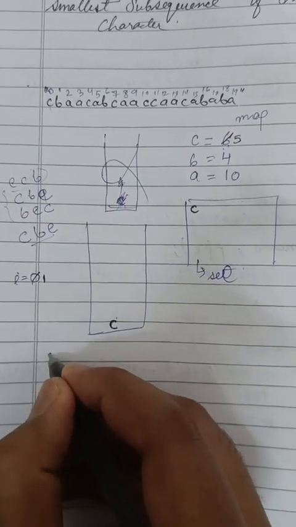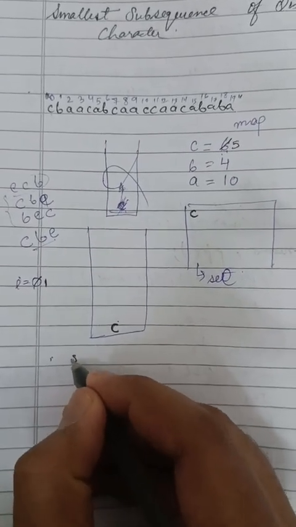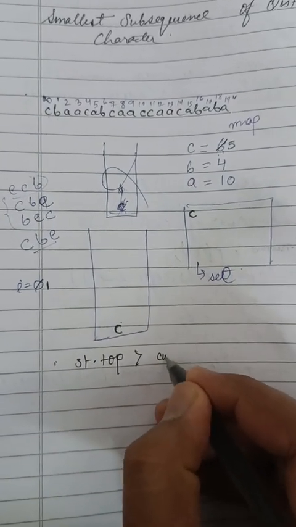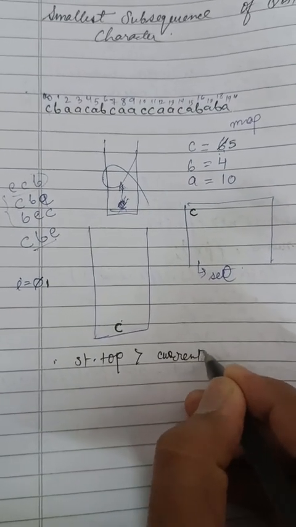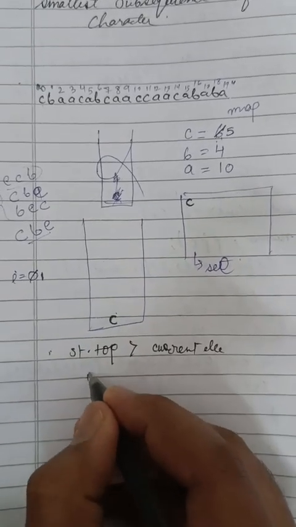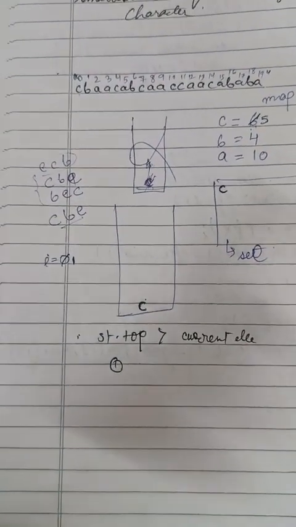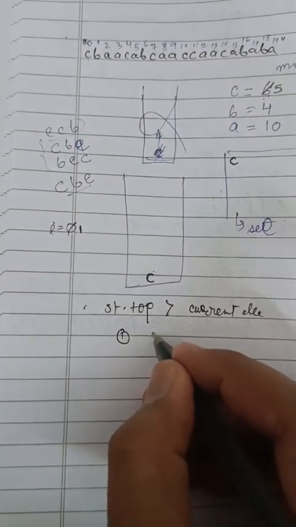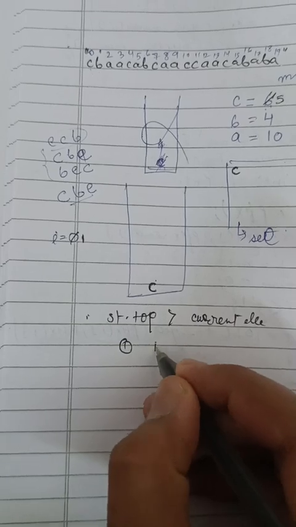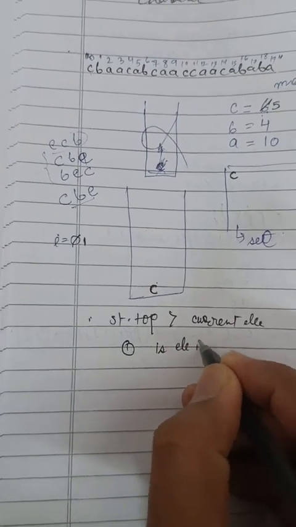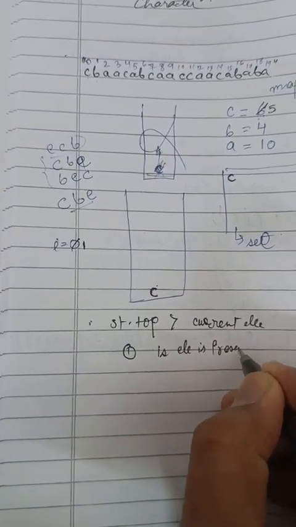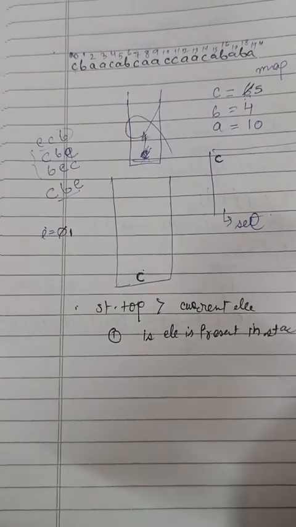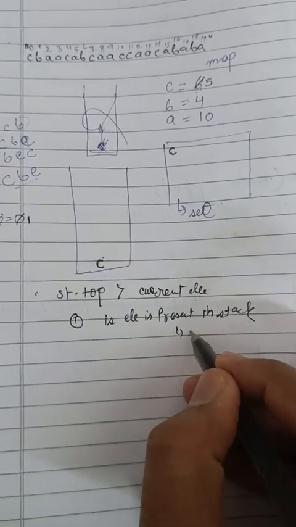Whenever I meet the condition that stack top is greater than the current element, I will first check whether the element is present in the stack. If it is present, then I will simply continue.